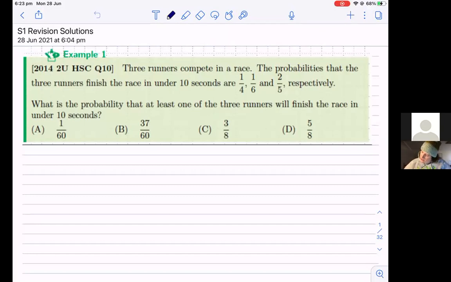Not my strongest suit. What's the probability that at least one of the runners will finish the race in under 10 seconds? The key here is "at least". That's 1 minus the probability that none finishes.